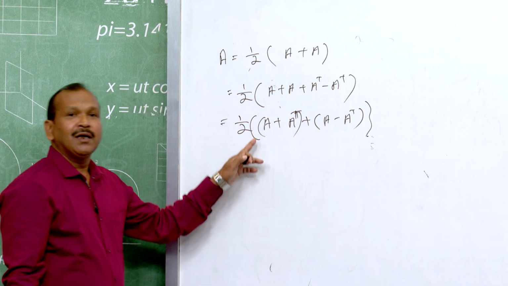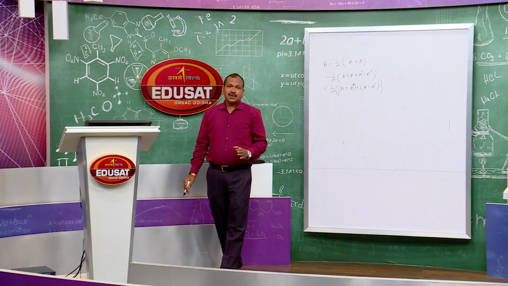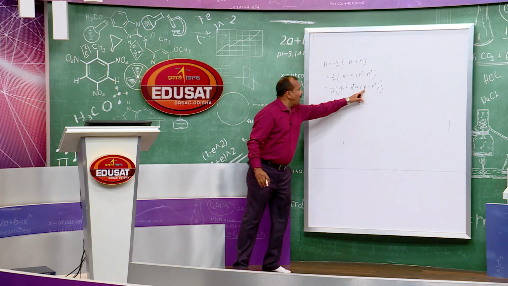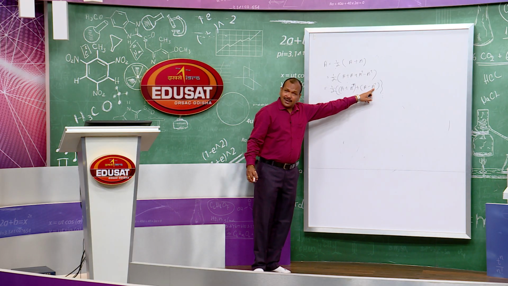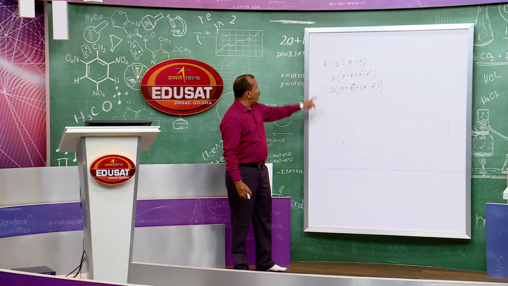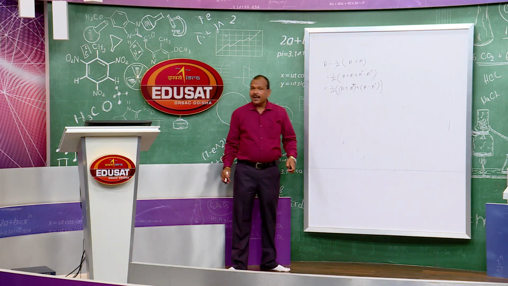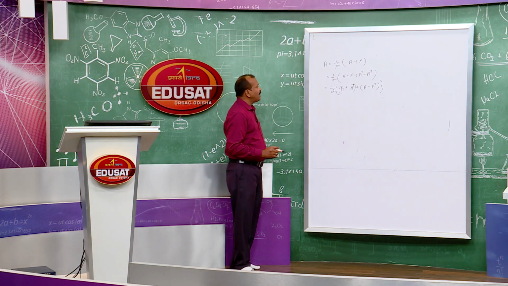Then we know that A plus A transpose is always a symmetric matrix and A minus A transpose is always a skew symmetric matrix. Then every matrix A can be expressed as the sum of a symmetric and a skew symmetric matrix.